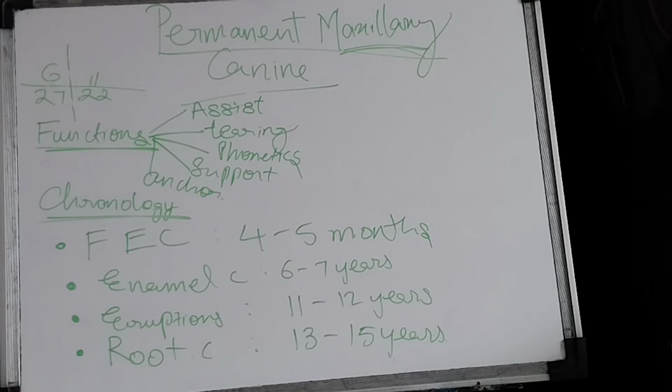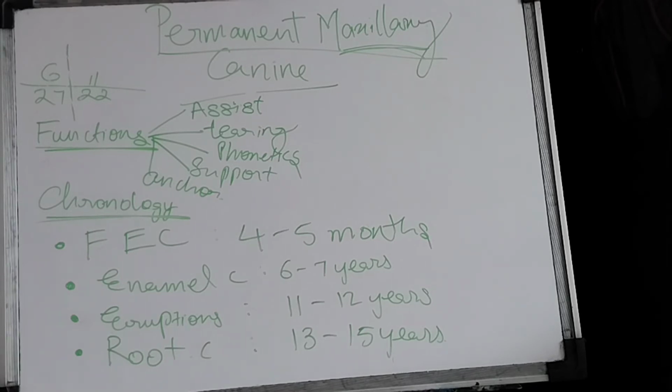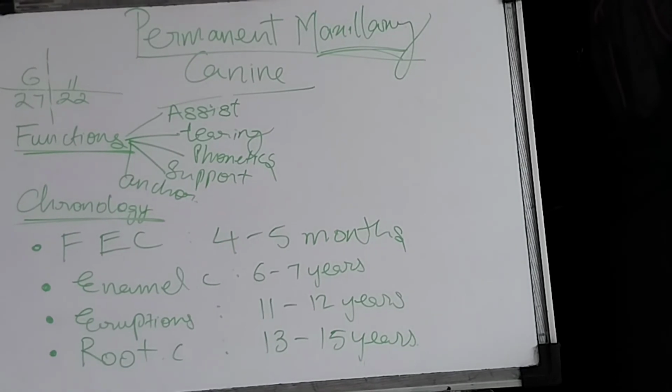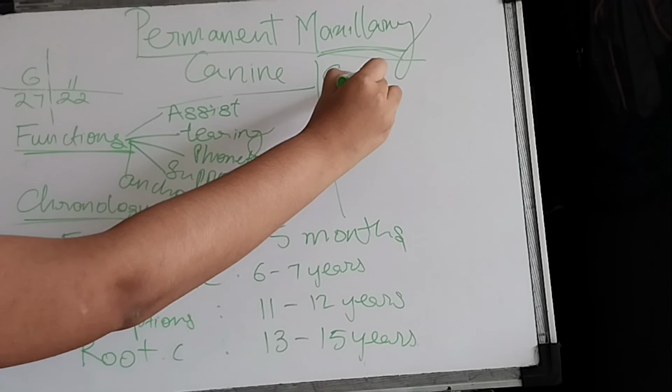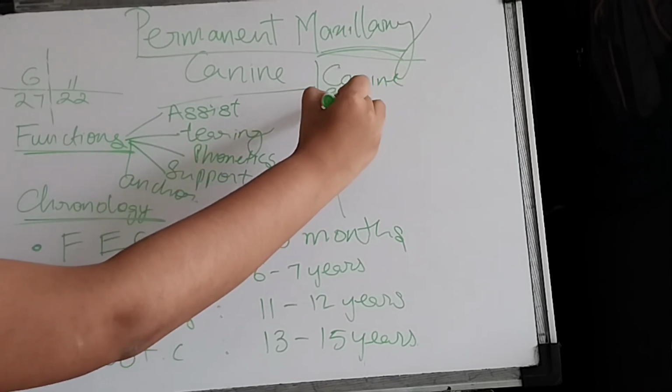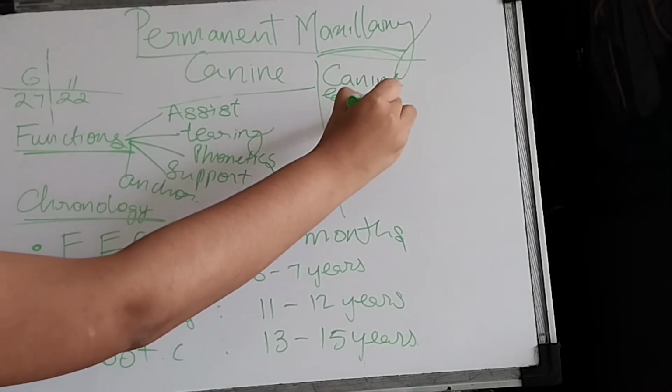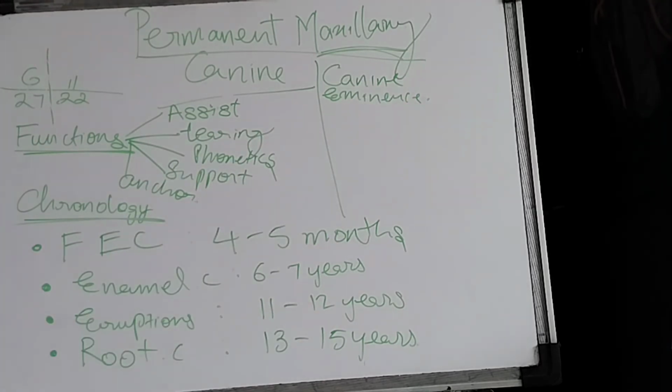Also, I will just tell you one separate thing. I just want to let you know what a canine eminence is. This is important and we need to know this. So what is a canine eminence?